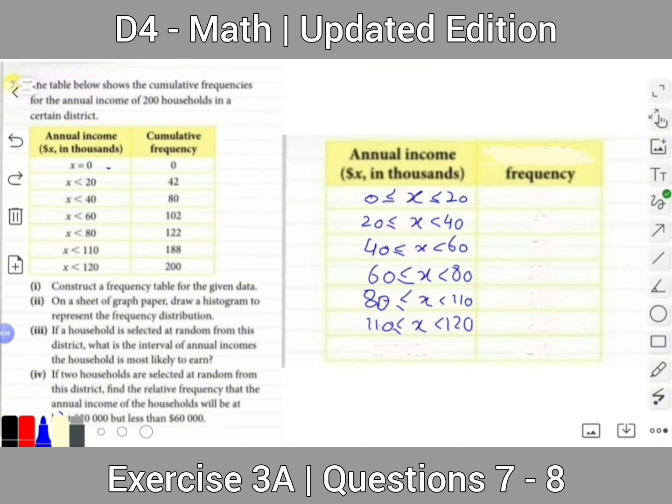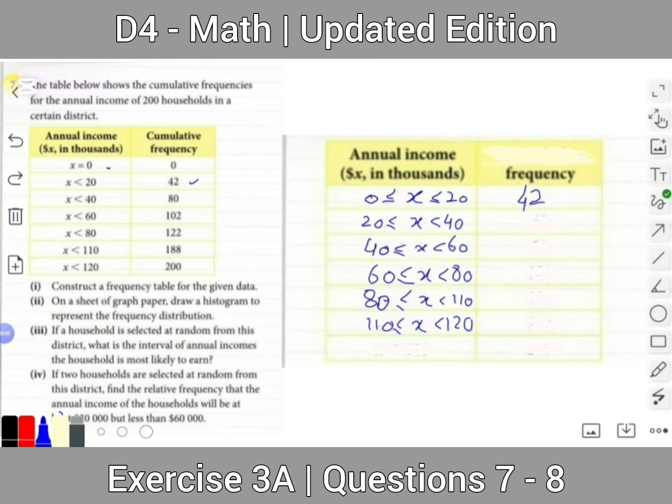The first entry in the frequency column is always equal to the first cumulative frequency value. So here we have the first value 42. We will copy it into the frequency table as it is.